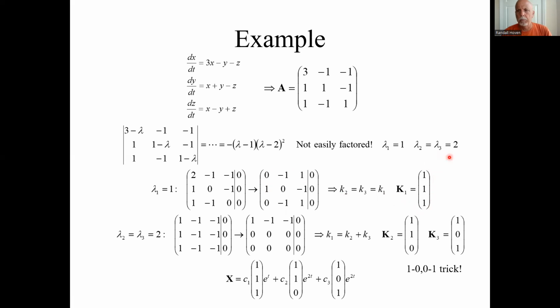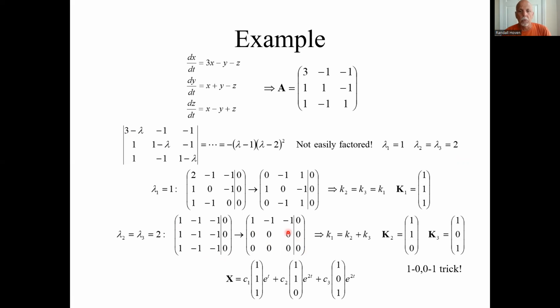Now for the repeated eigenvalue. It's 2, so I'll have a 1 here, minus 1 here, and a minus 1 here. Pretty easy Gaussian elimination. Oh, I have 2 rows of all zeros. That means 2 free parameters. I'm going to get 2 linearly independent eigenvectors out of it.